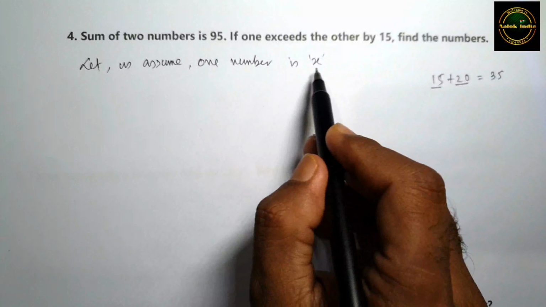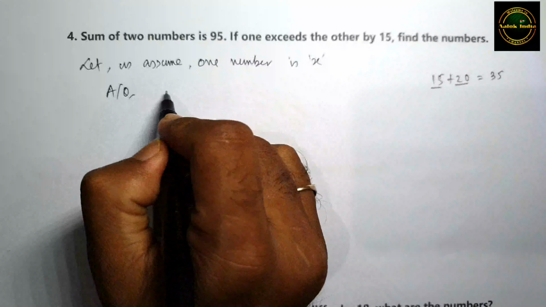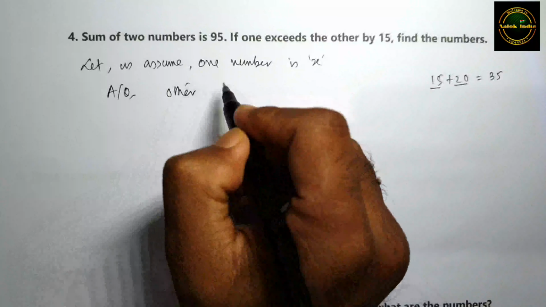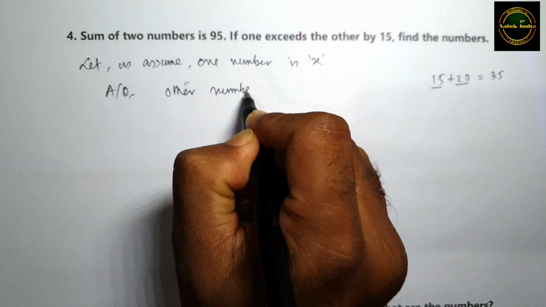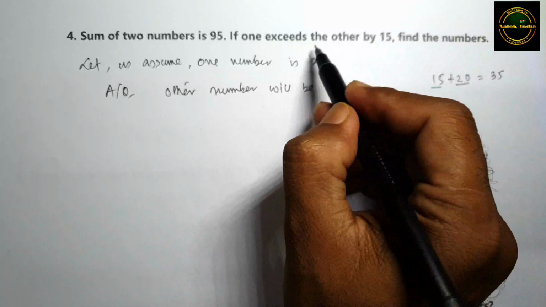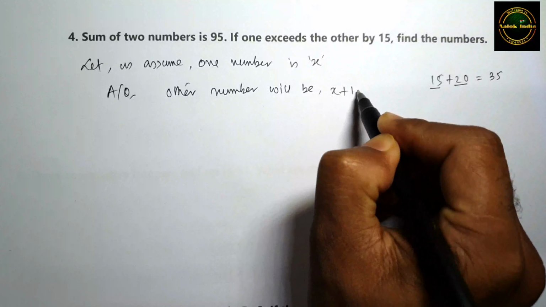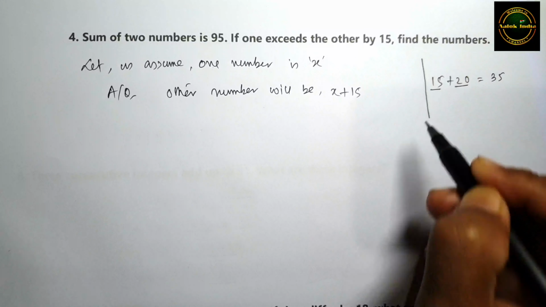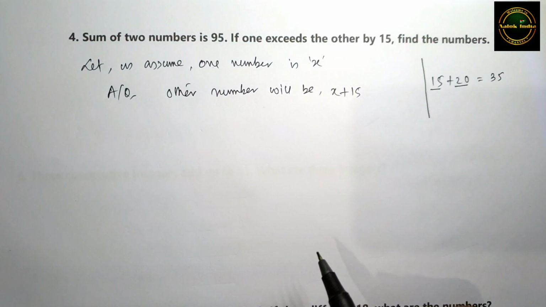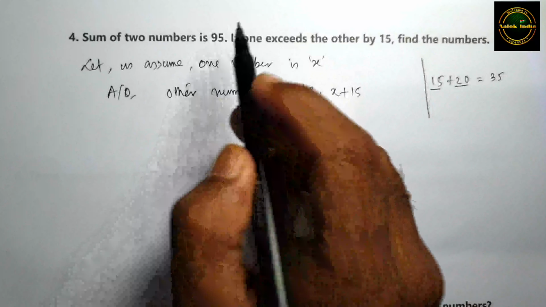Let us assume one number is x. According to the question, as I said, it exceeds the other number by 15, so the other number will be x plus 15. And again they said the sum of the two numbers is 95.